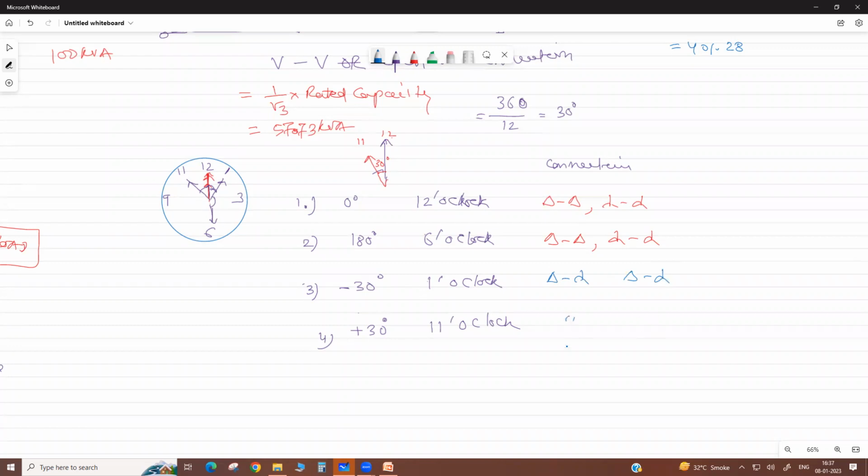Same like this we can achieve: if we change one side's connection polarity, then if it is star delta, this minus 30, we can get plus 30 also, an easy way. But it is very difficult. And 0 we can get 180 also if we change their terminal polarity.